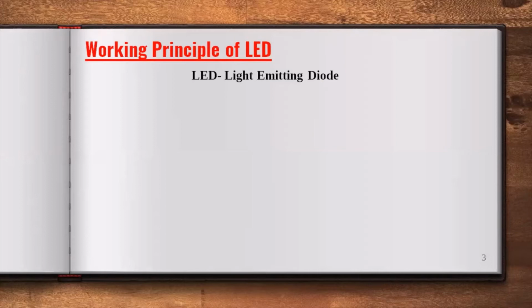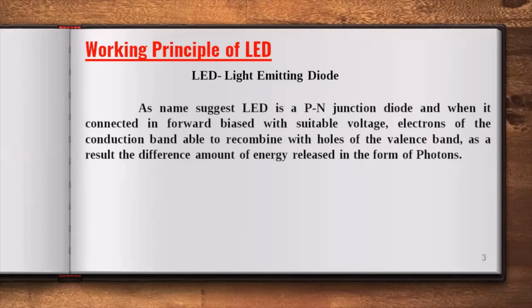In an LED, light is released as output when charge carriers recombine within the material. The LED is like a PN junction diode connected in forward bias, made of a highly doped compound semiconductor, and it uses electroluminescence to create light.